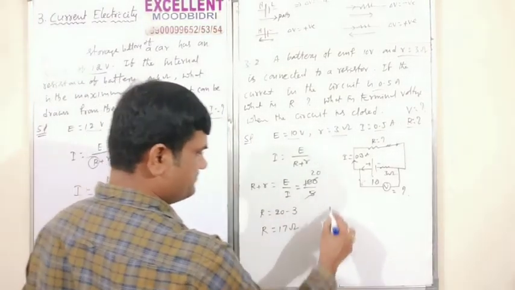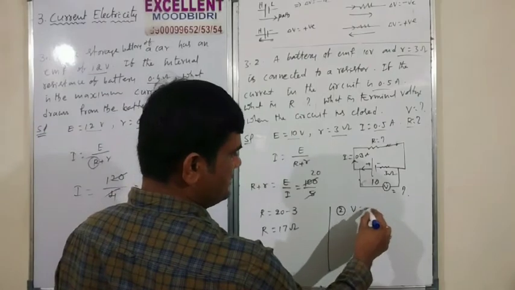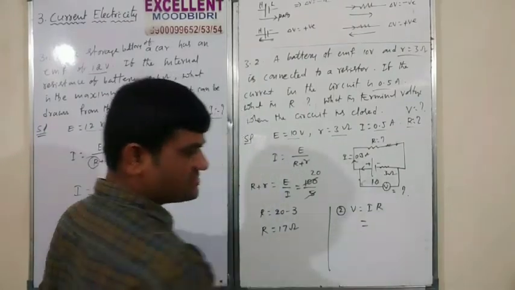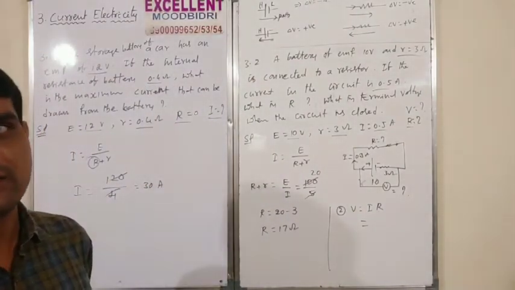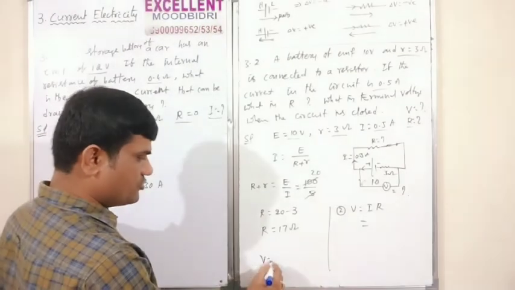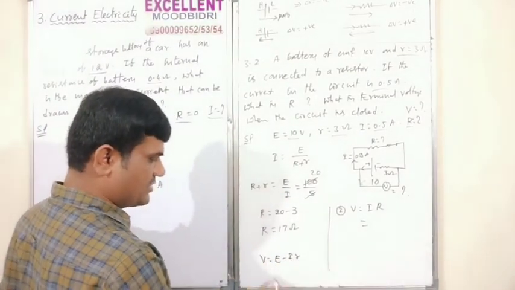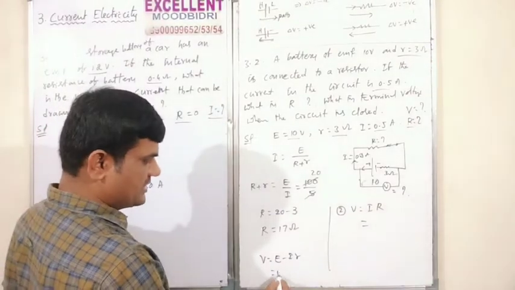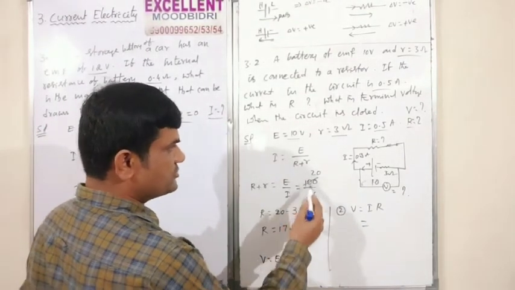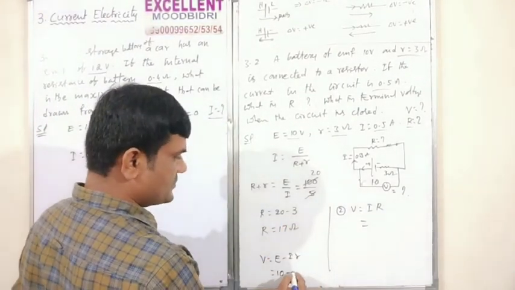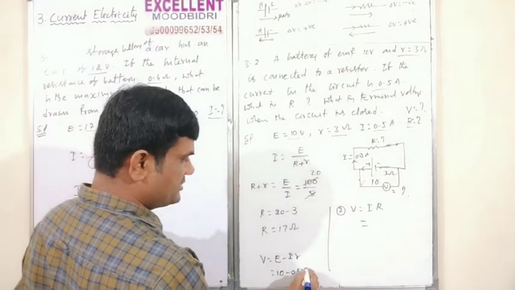Next, second question. V is equal to I into R directly, or else V is equal to E minus Ir, no problem. So V is equal to E minus I into r. E is equal to 10, I is equal to 0.5, 0.5 into 3 is 1.5.